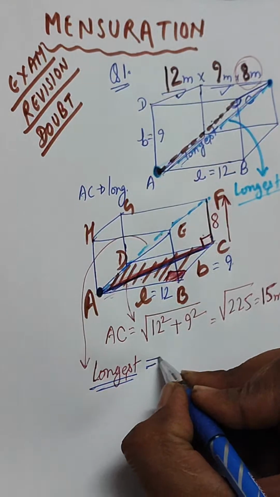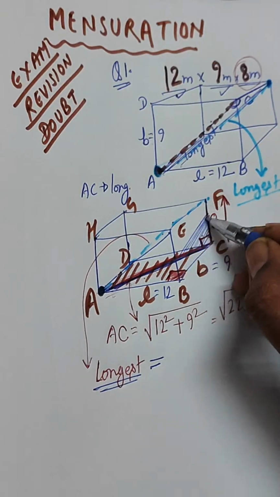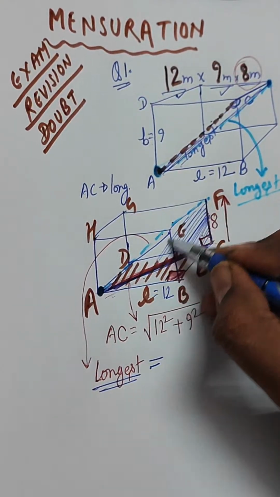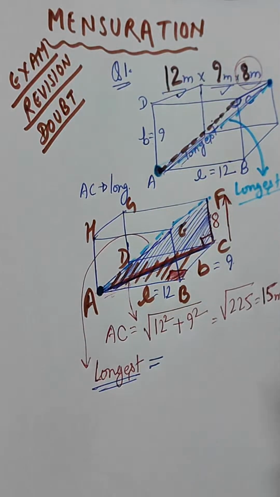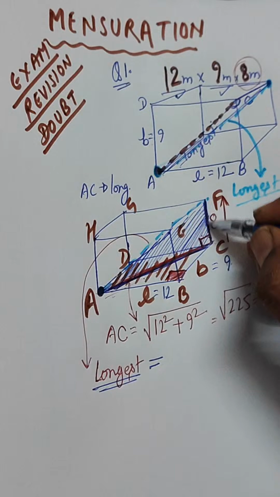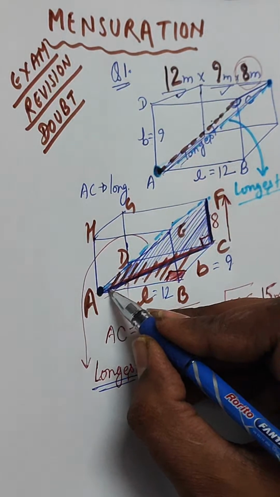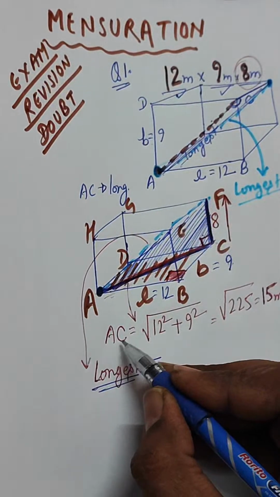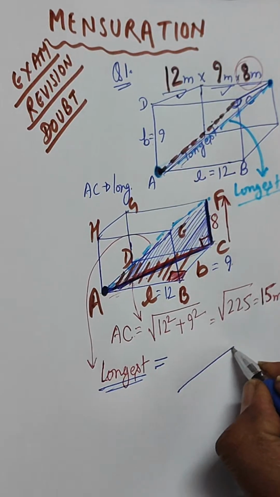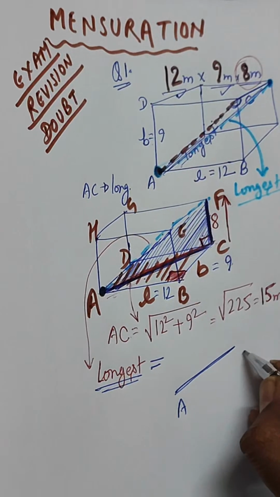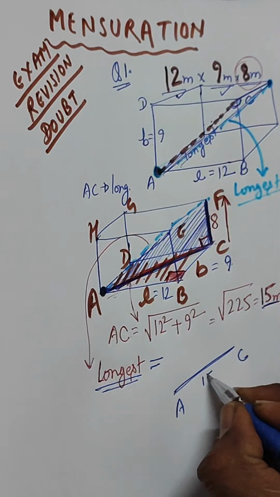So again the Pythagoras will be applied into this triangle, my dear friend, this triangle ACF, right? This is standing oblique like this. Okay, so this is the perpendicular, right? And this will be the diagonal AC which we have considered and calculated as 15.